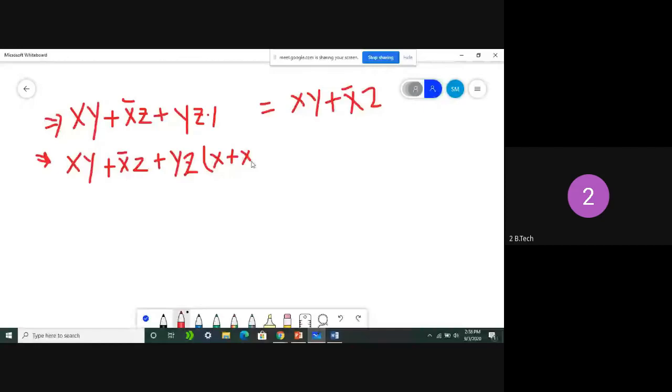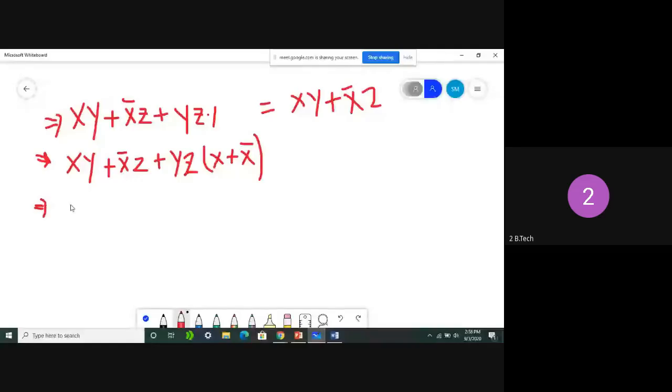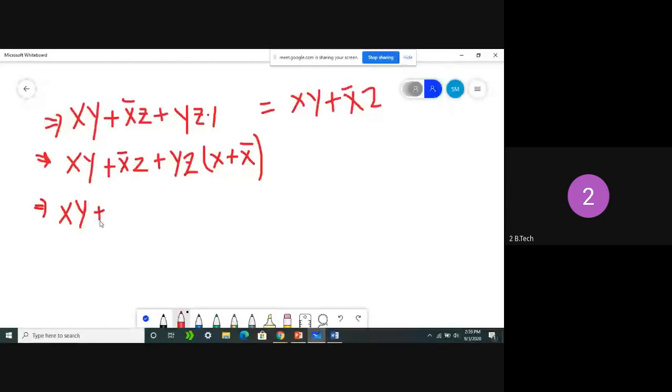In the next step, perform the multiplication. As usual, the xy term will be here, and the x bar z term will be here.